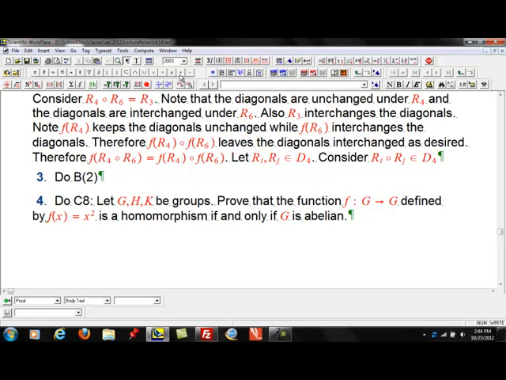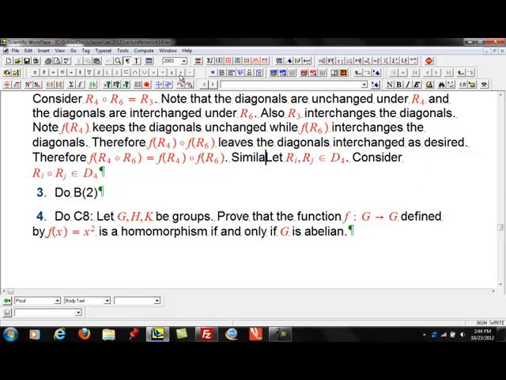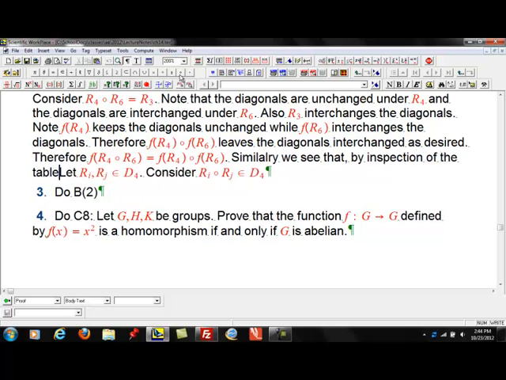We have done this verification when we talked about isomorphisms a little bit. If we were writing this up in the proof, we would need to verify all of them. But what people do, instead of typing up the verification of all of them, is just say, similarly, we see that by inspection of the table, f of Rj composed with Ri is equal to f of Rj composed with f of Ri.